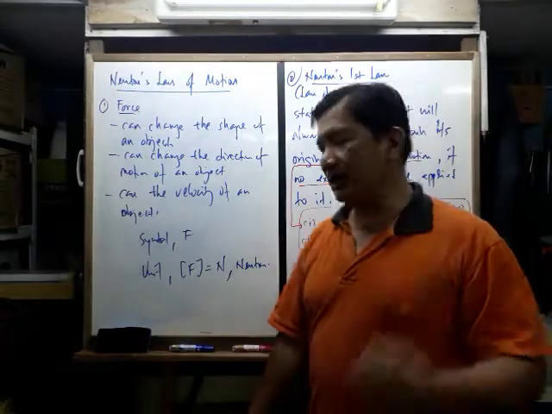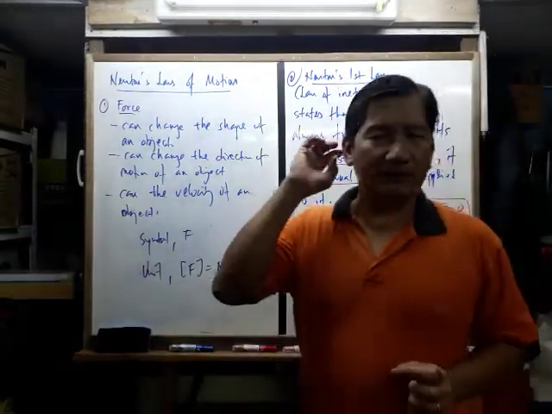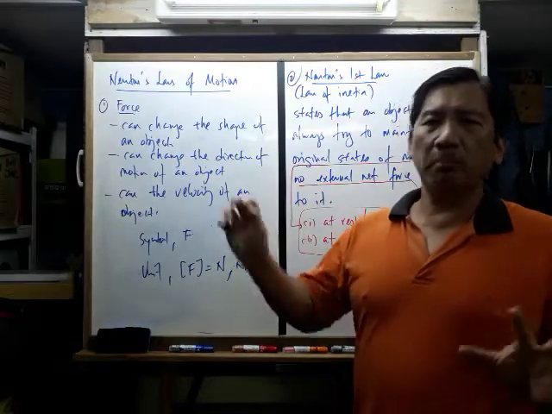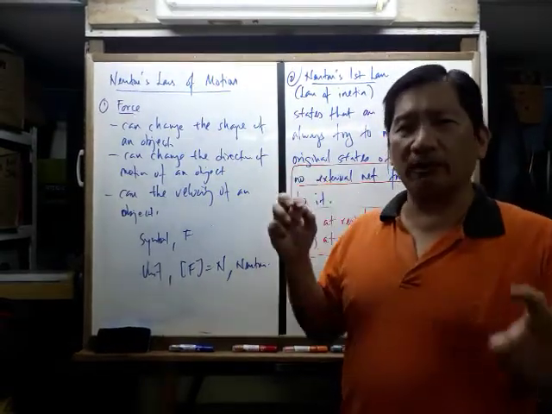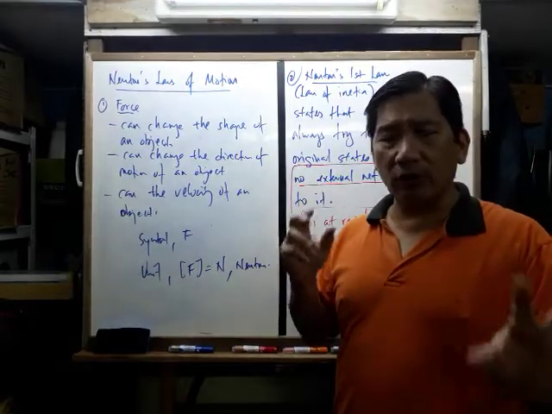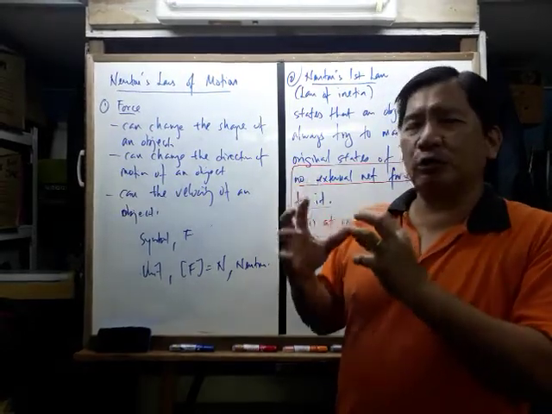The second example is if you are in outer space, far away from a planetary system, from the sun and so on. Objects there are not subjected to any force.